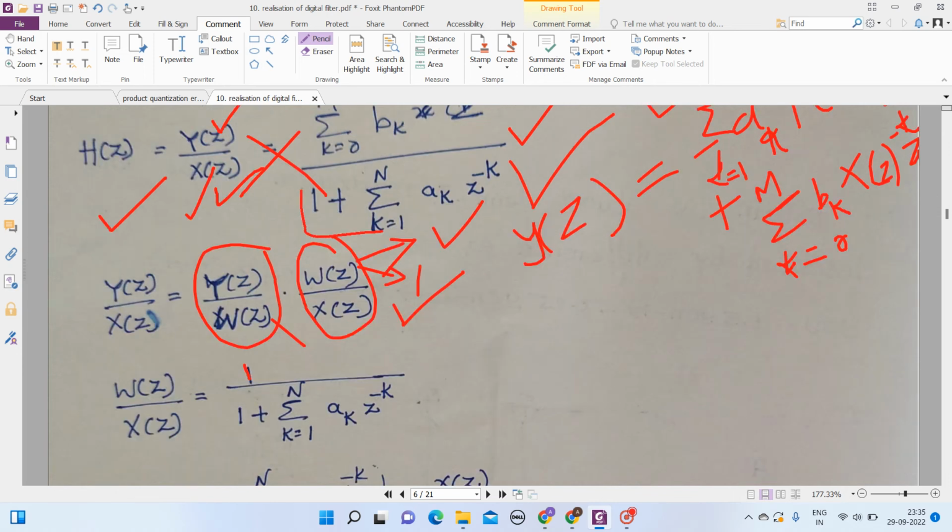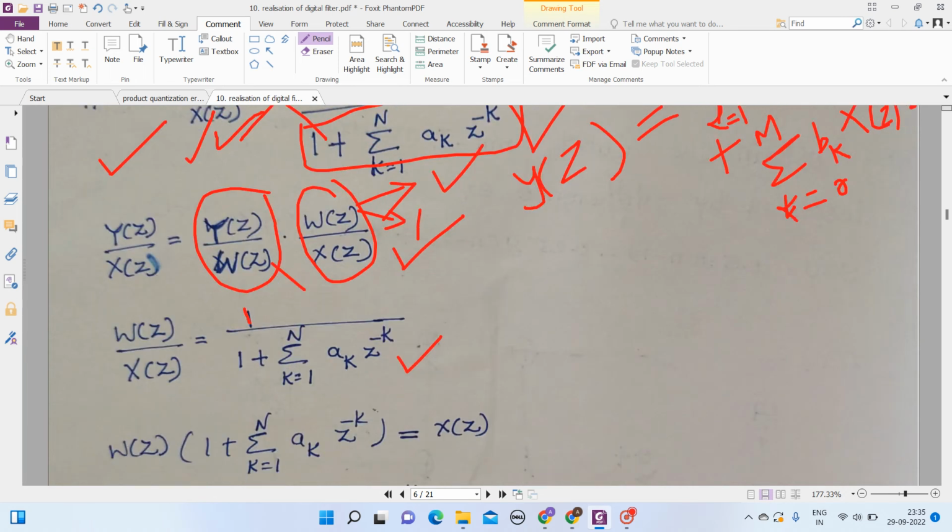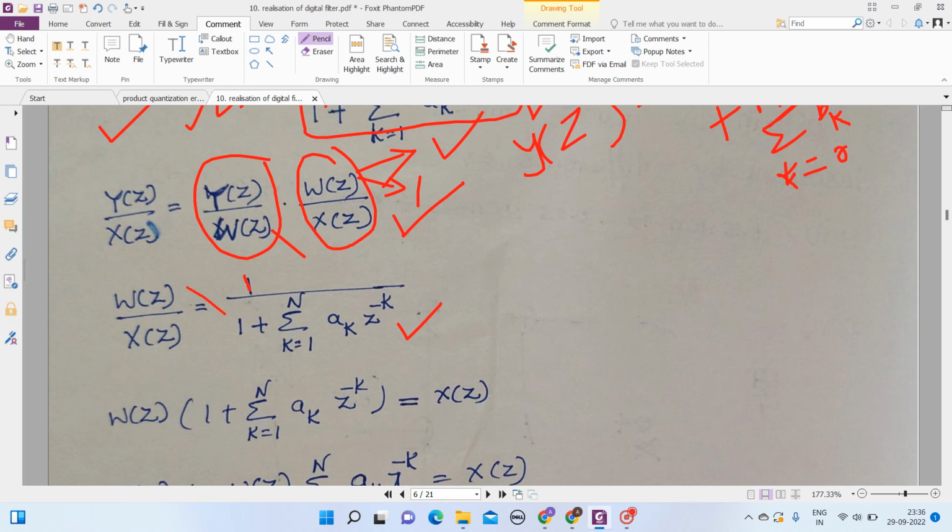I will retain it here. I'm not changing anything, I have just changed the w of z value to 1, and this is x of z. I have taken the same equation, 1 plus summation k is equal to 1 to n a subscript k z to the power of minus k. Now we have to do cross multiplication.